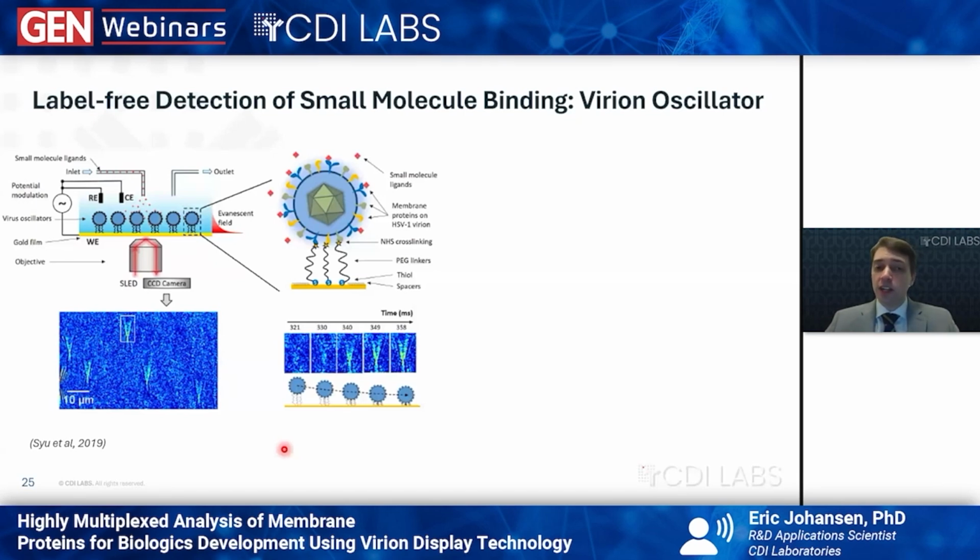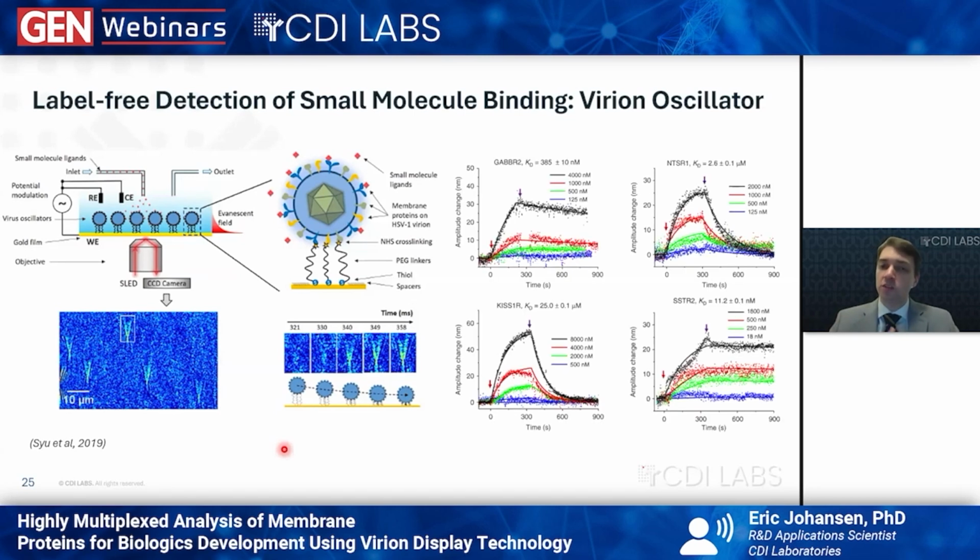When a small molecule binds, it's going to change the overall level of surface charge of the virion. As such, when we apply an alternating electric field, this will cause the virions to oscillate. And the amplitude change of the oscillation of the virions from the gold surface will induce an SPR response, which we can measure.